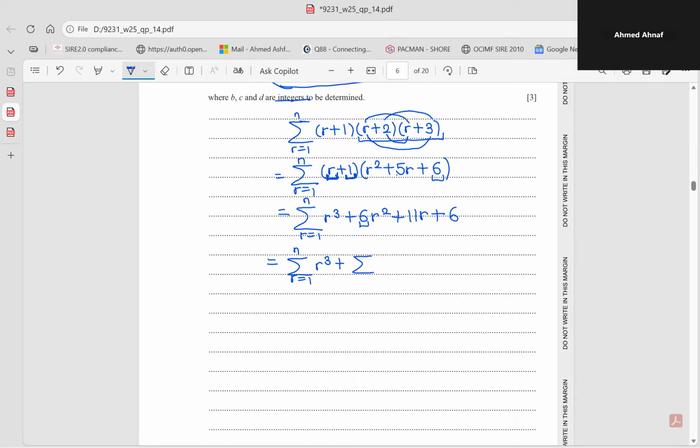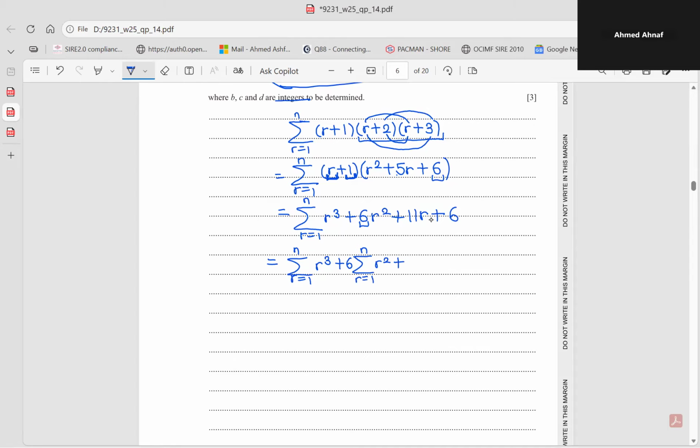And just like integrals and derivatives, when there's a constant term that's not what you're differentiating with respect to, in this case whatever term is not in terms of r, it goes outside of the summation. So this can just be 6 times sigma r equals 1 to n of r squared.